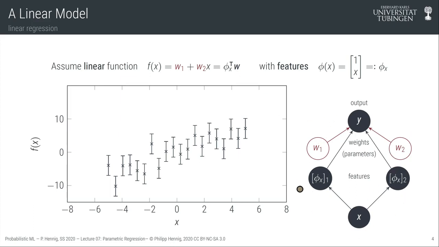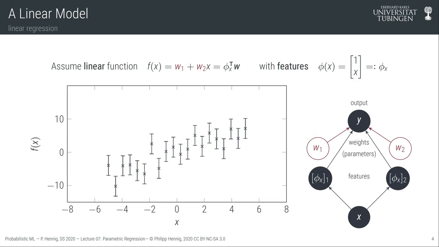Here's a graphical model, a directed graph. What's happening is we take our x, that's the input, and then we compute these features phi of x. In this case, the features are just 1 and x. Now we have decided that we're going to do this, so we know what these features are. There's nothing uncertain about them for us, because we claim to know that this function is linear.